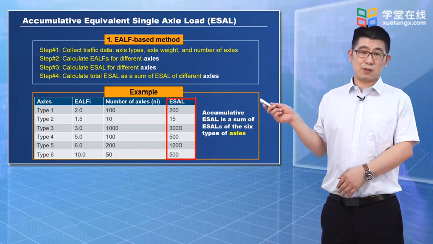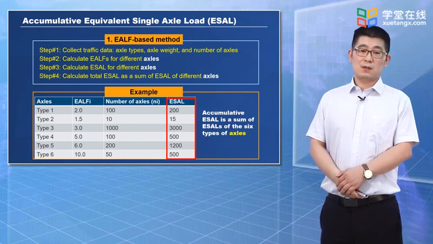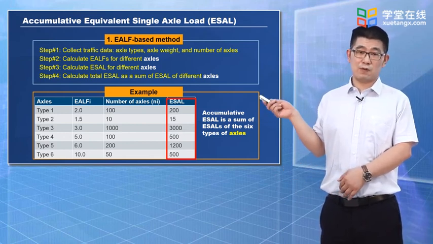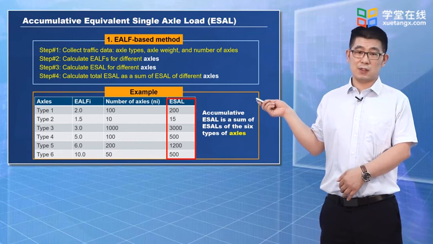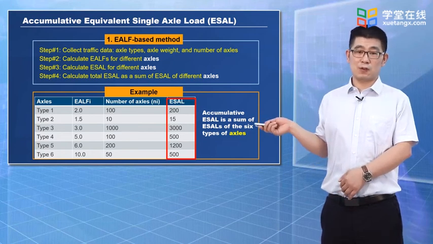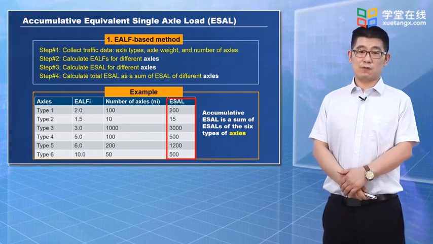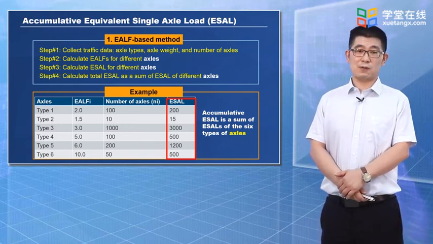Step 2, calculate the ELFs for different axles as shown in the second column. Step 3, calculate the ESAL for different axles as shown in the fourth column. Step 4, calculate the total ESALs as the sum of the ESAL of different axles. Following the 4 steps, the accumulative ESALs of this example can be easily calculated as shown in the table.